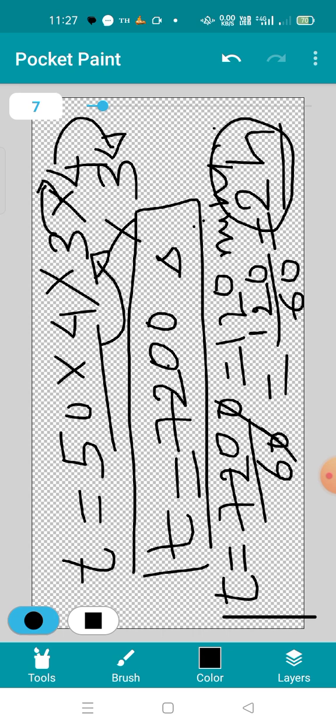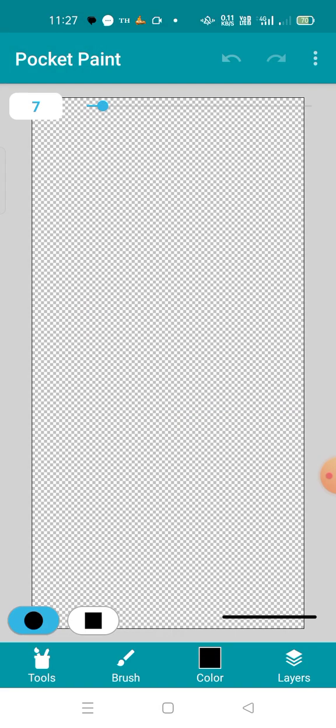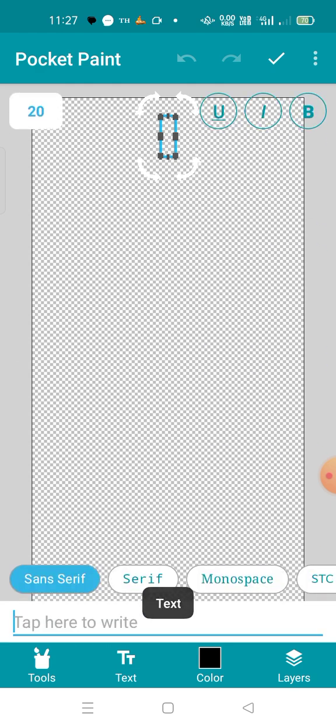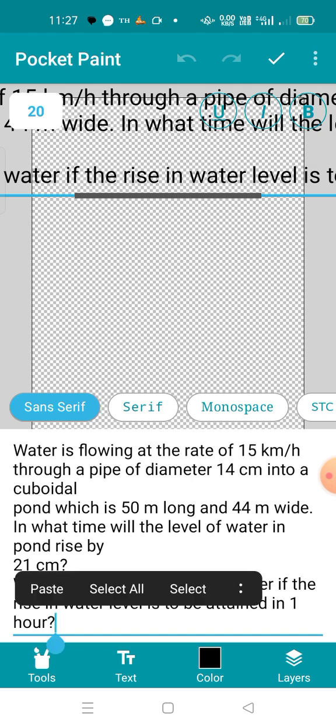Let me take a new page. You can see here, what should be the speed of water if the rise in water level is to be attained in 1 hour?